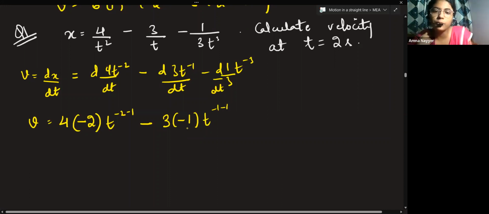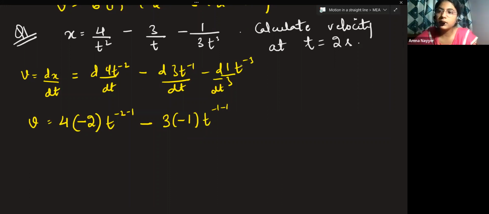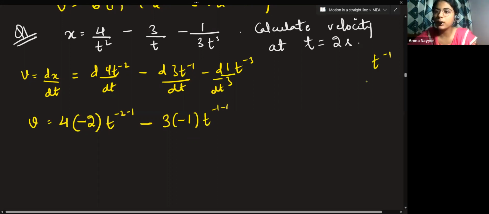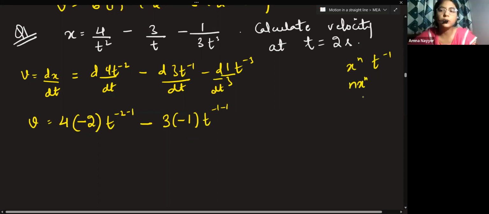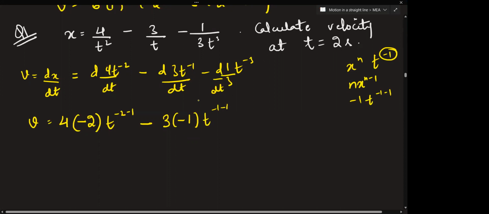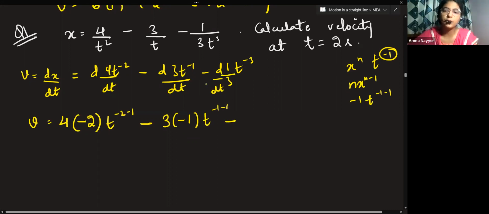Here your n is minus 1, so it becomes minus 1 t to the power minus 1 minus 1. Is this clear how I have written this? Yes, ma'am. Alright. Aram, you try this last part, minus. How should I write this?